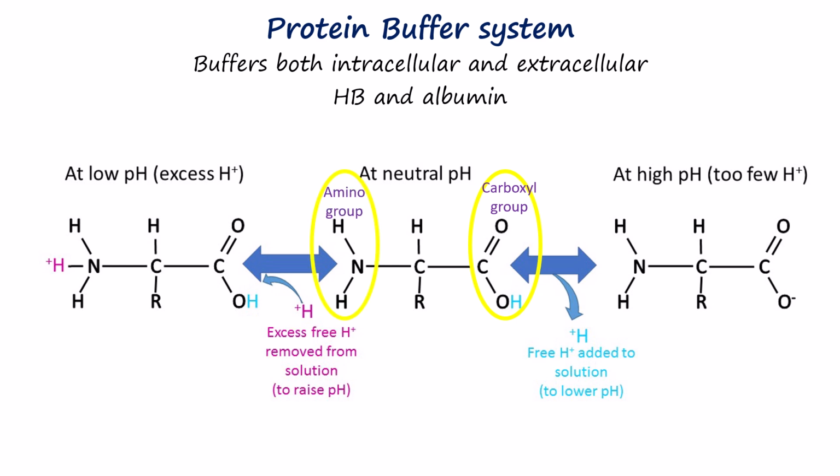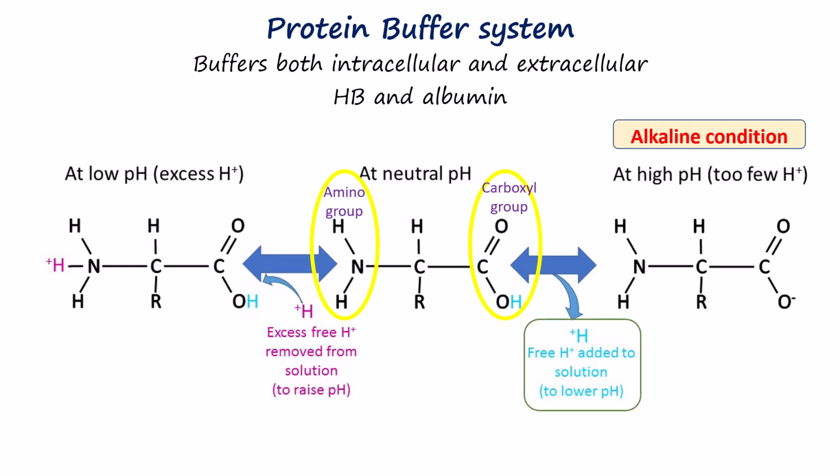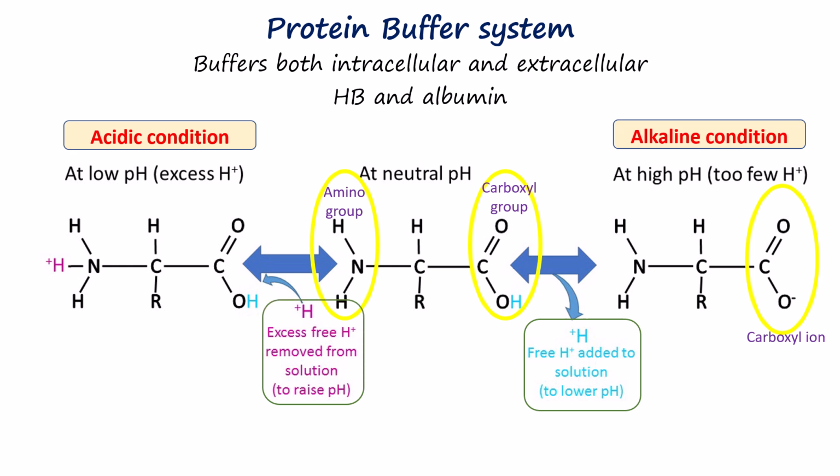In alkaline conditions, the carboxyl group releases hydrogen ions, forming a negatively charged carboxylate. In acidic conditions, the amino group accepts hydrogen ions, forming a positively charged ammonium ion. However, its effectiveness depends on protein concentration and the availability of buffering groups.